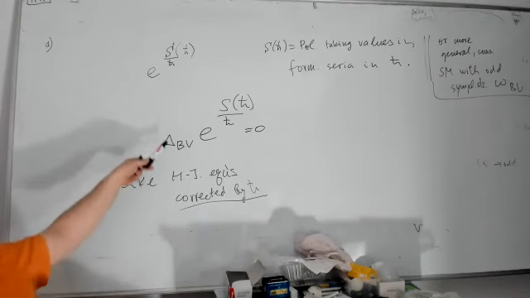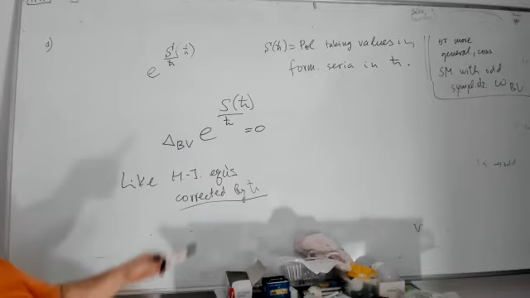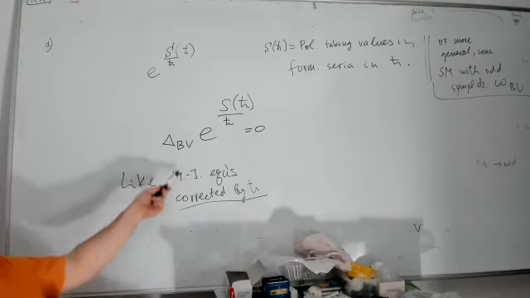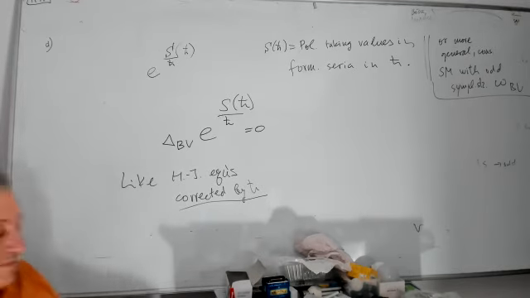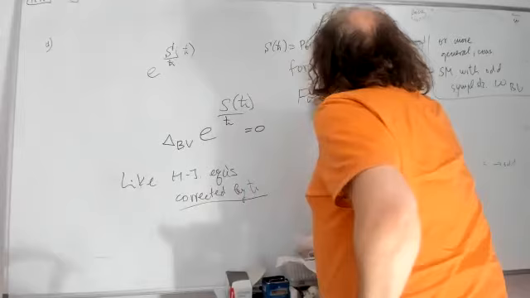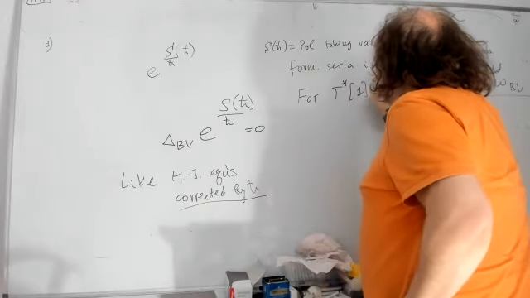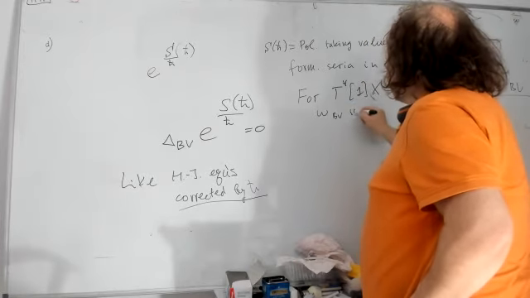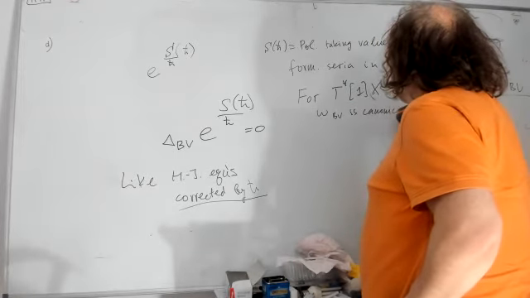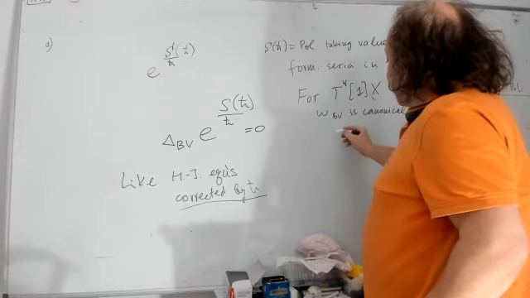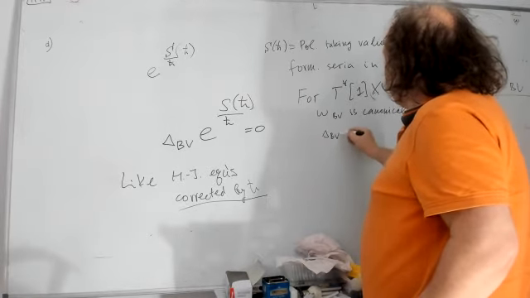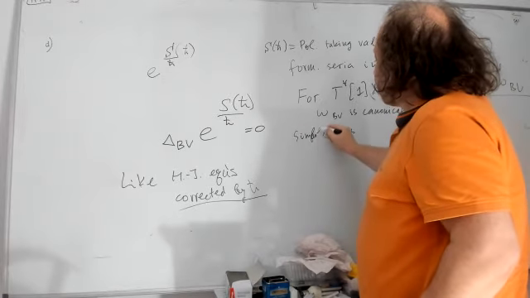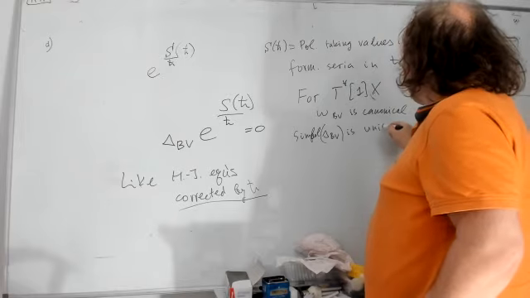Actually, if we have not an abstract supermanifold, but T star shifted of X, then omega BV is canonical, and therefore the symbol is uniquely defined.